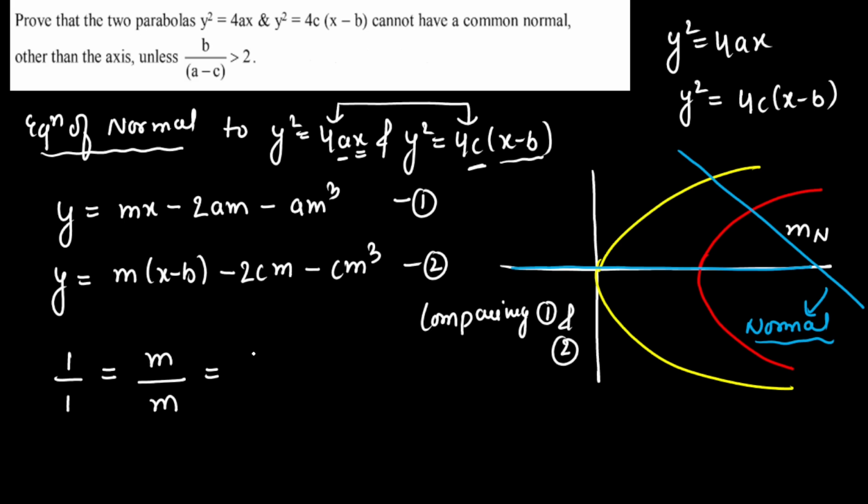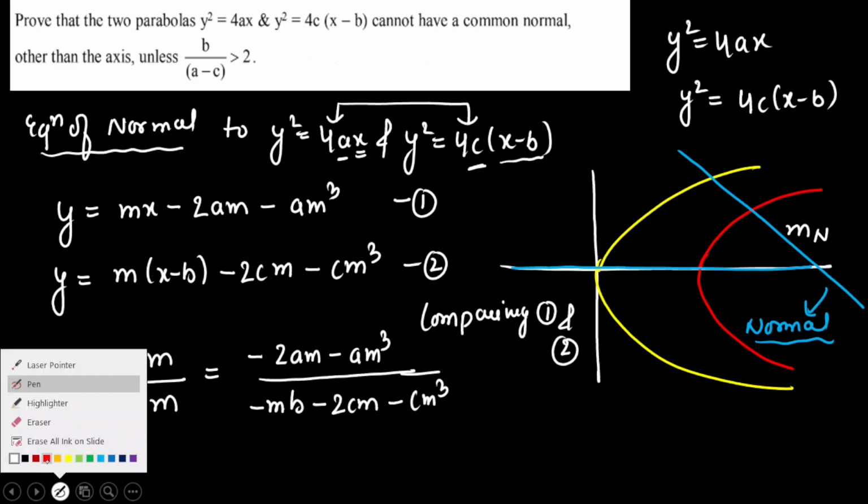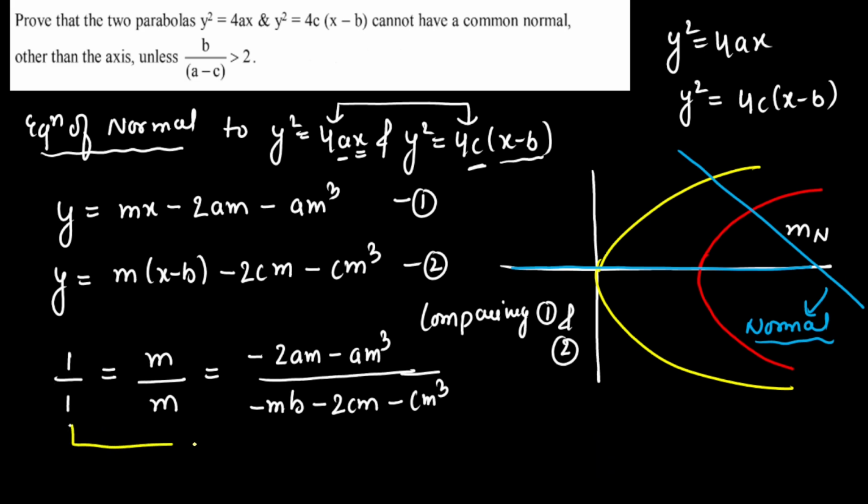The constant value for the first equation of normal is minus 2am minus am cube, whole thing divided by minus mb minus 2cm minus cm cube. Now easily you can compare the first and the last component.